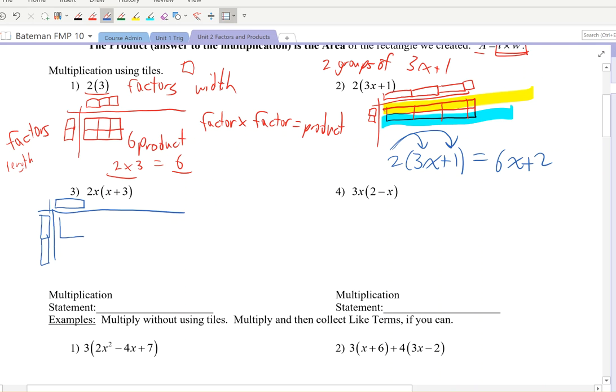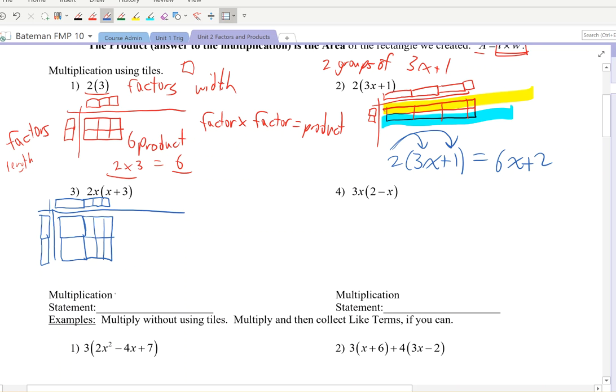And what happens here is you get these squares because you have x times x. And you have 2x times plus 3, 1, 2, 3. And so then you have your x's in this location, and there you have your 2x times 3.